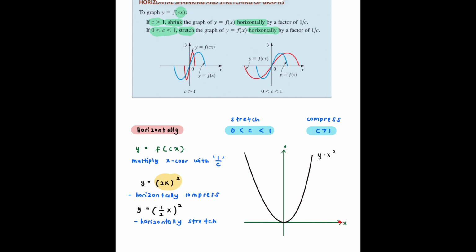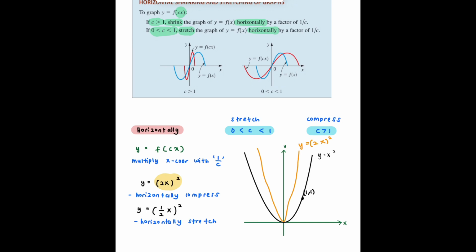So what happens if you compress horizontally? So the new graph will be here. If you compress horizontally, y equal to (2x) to the power of 2. Okay, let's say the original point is at 1, 1. For example, this is 1, 1.